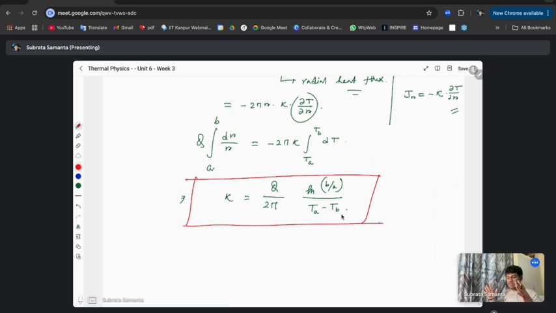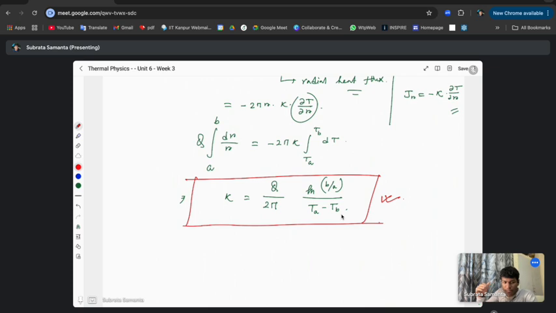Once you know the temperatures T_A and T_B, and the rate Q, then you can easily determine the thermal conductivity using this formula.